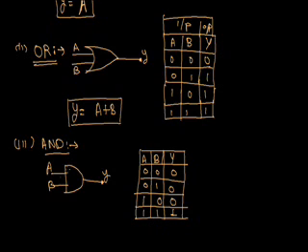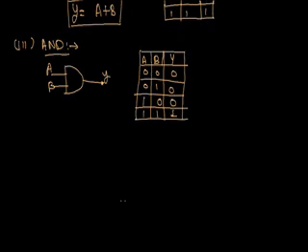So if any one input is 0, then the output will be 0, whereas in the OR gate, if any one input is 1, then the output will be 1. So these are our three gates.